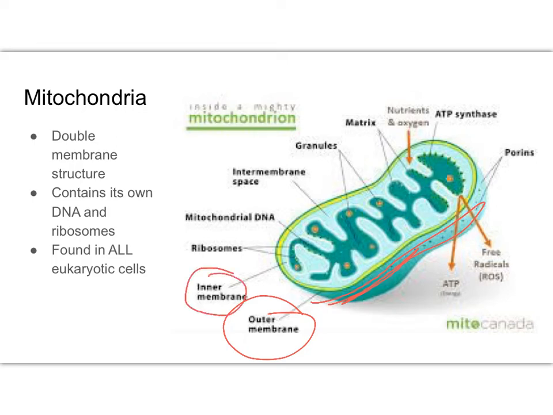You'll see this inner membrane is all wiggly and has a bunch of folds in it. Those folds are called cristae. These are all these little wiggly folds on the inner membrane of the mitochondria. That's where you're going to find those cristae.